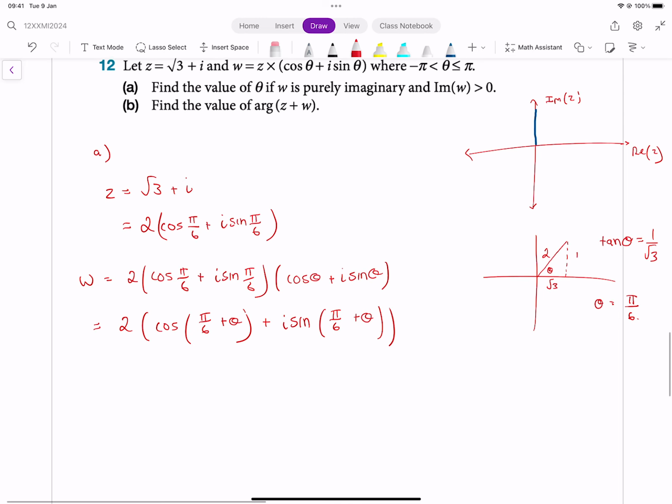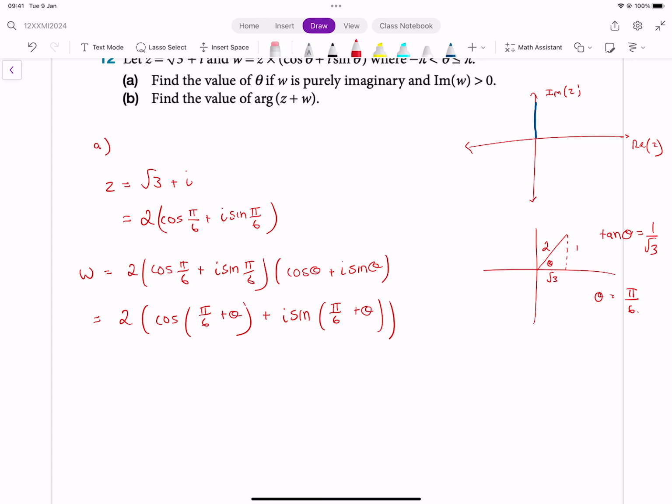Now we're told that the complex number w is purely imaginary, and we're told in the question that the imaginary component of w is also greater than 0. So that's telling us we're going straight up. Now going straight up is an argument of pi on 2, or 90 degrees, and that's because the real and the imaginary axis are at right angles to each other.